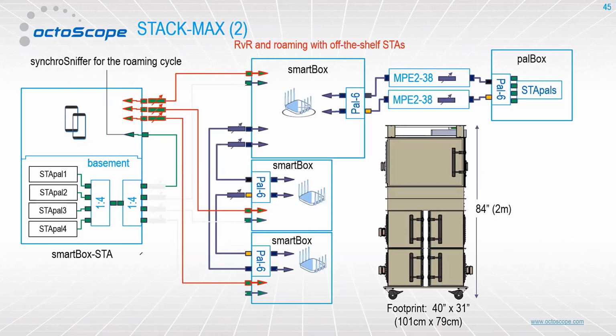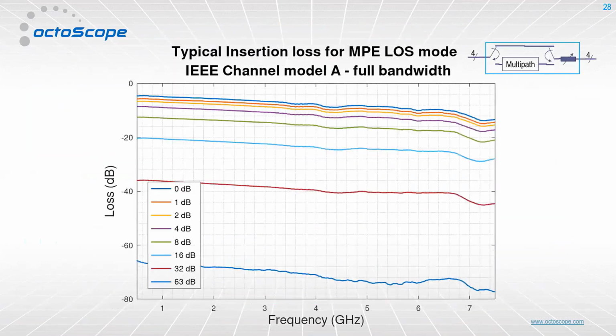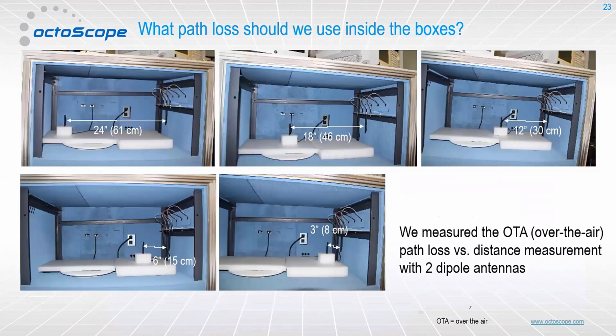I got a question to the physical part of the presentation. You did some measurement to compare the theory of the free space model to the actual values you can measure inside the chamber. And yes, exactly this one. And you did it with one antenna on the one side, where you altered the distance to two dipole antennas.